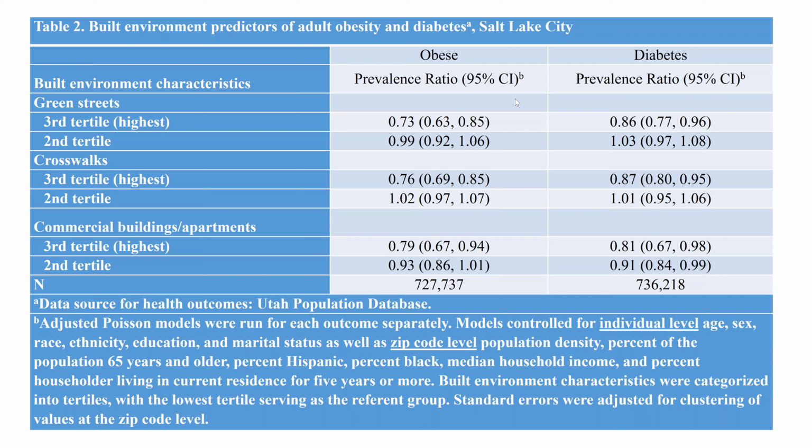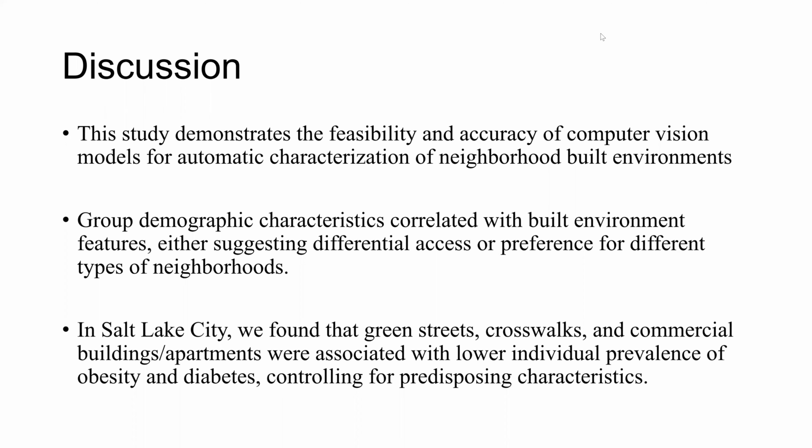It was also associated similarly with diabetes, with these characteristics associated with reduction in chronic conditions for both obesity and diabetes. So we saw that the model was able to predict these built environment characteristics across very visually distinct areas in the US, and it seems like these characteristics were also predictive of health outcomes. So that was the work that started us.